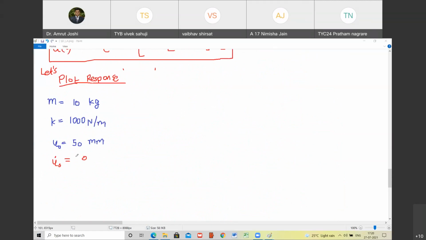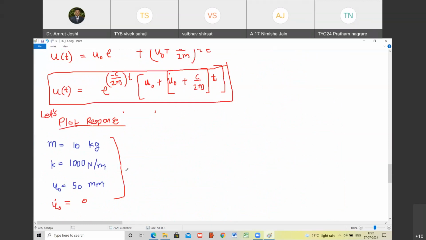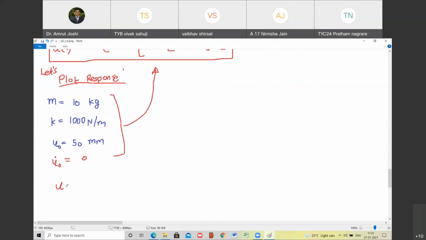Okay. So if I substitute these values back in this solution, what do I get? I get u of t equal to, I will keep c as a parameter, so we are going to write down the solution in terms of c.